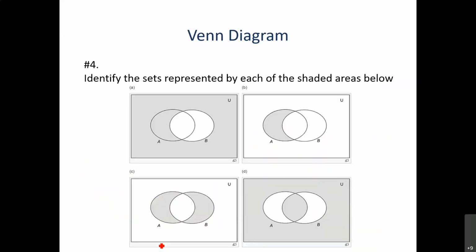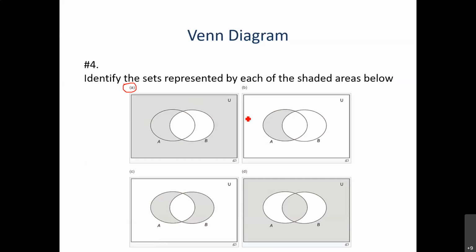So let's identify these sets. First, A. Well, what is this shaded area? U minus B?